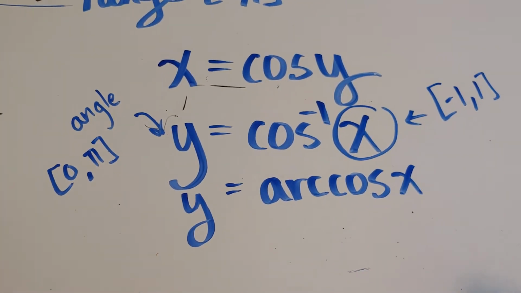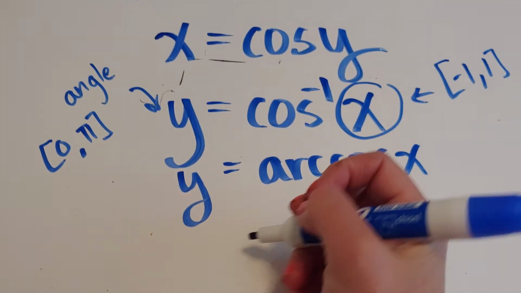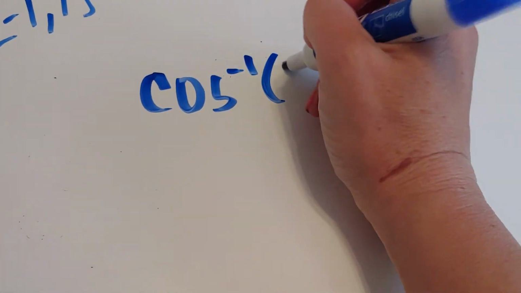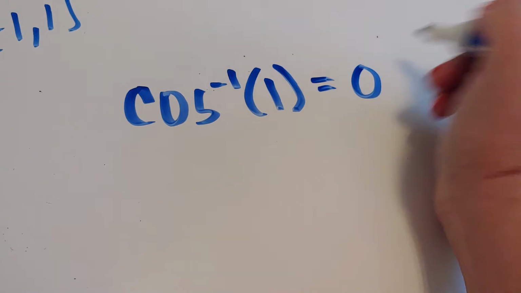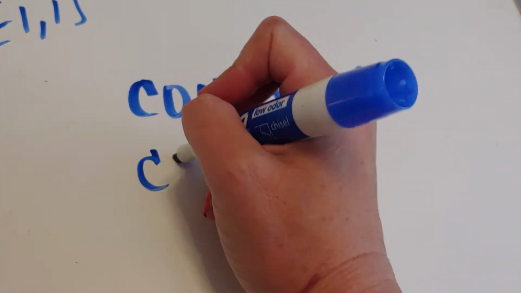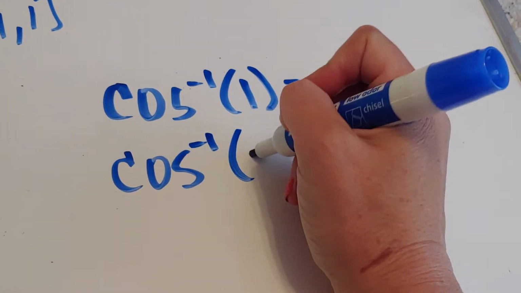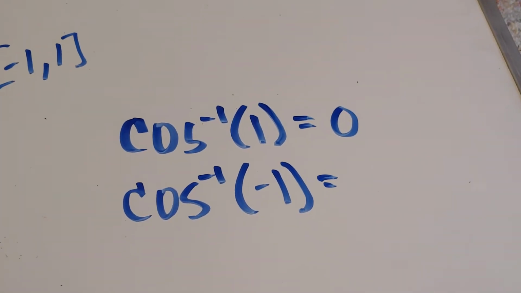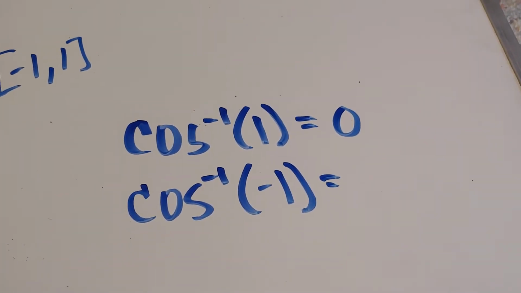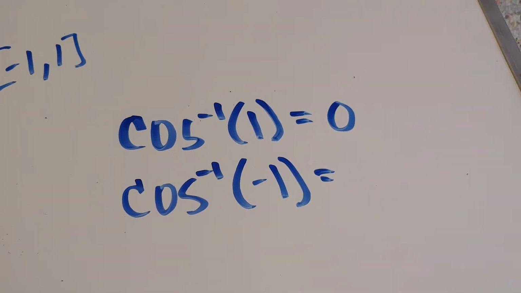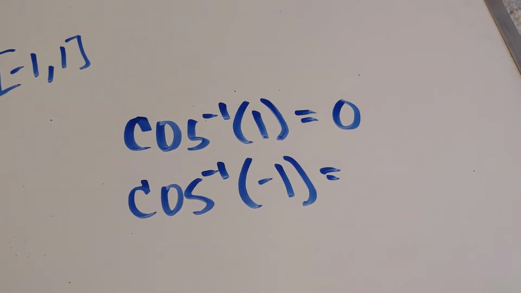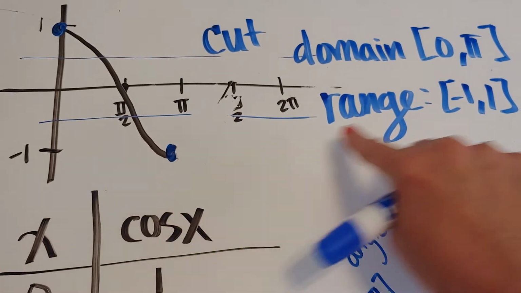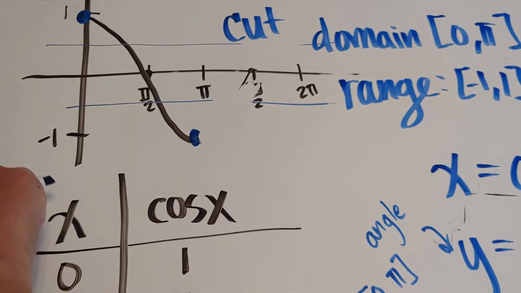So, for example, if I want to know the cosine inverse of 1, that's just 0. And if I want to know the cosine inverse of -1, well, if you think about the unit circle, or our original graph, you'll get a cosine of -1 at pi, again at 3 pi, again at -pi.